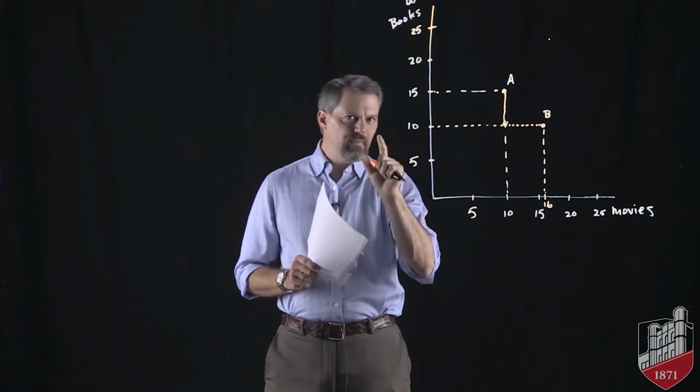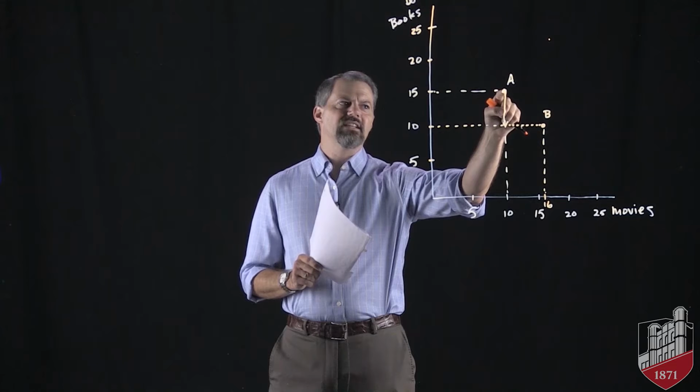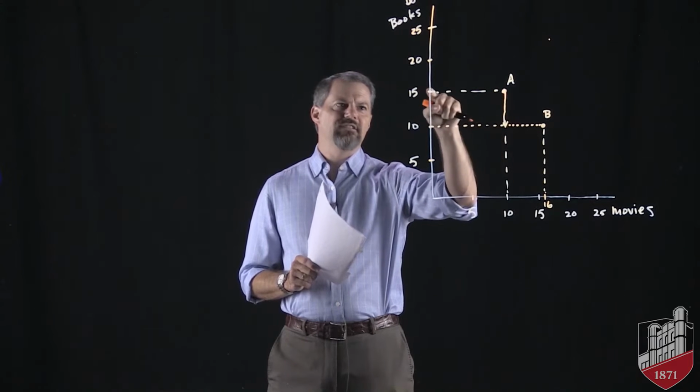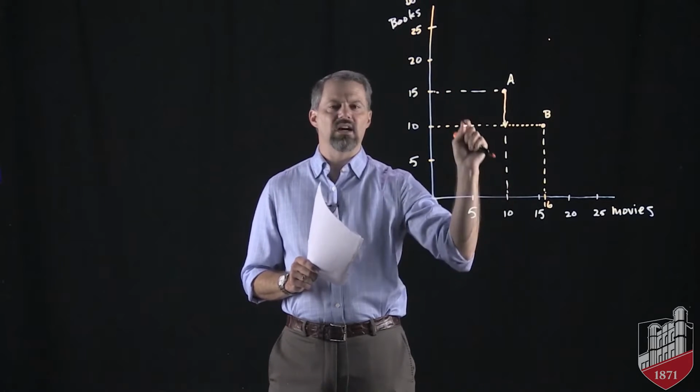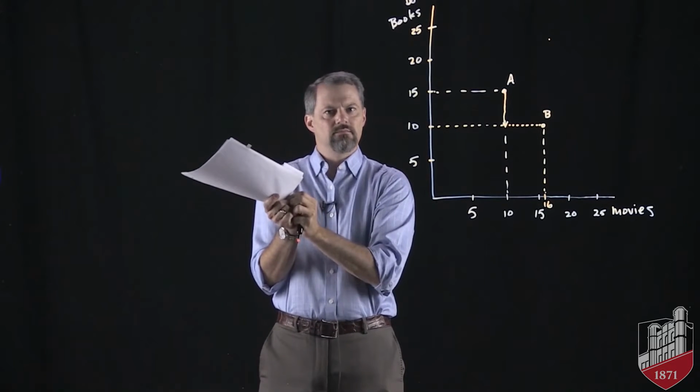What this means in terms of our utility function is, if we were to take this bundle where they've got 15 books and 10 movies and plug it into the utility function, out of that would pop a number of utils.